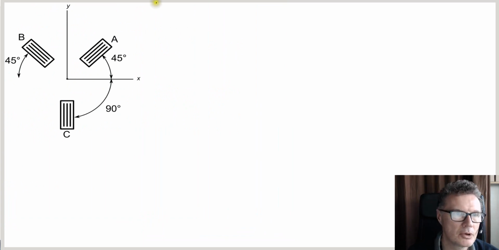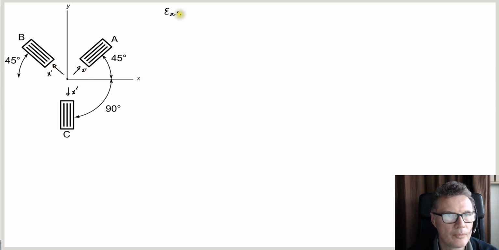The top equation is just saying if I've got my epsilon pointing in an arbitrary direction, this could be going off down here, or down here, or down here, I can then find that made up of the strain going in the X direction, the strain going off in the Y direction, plus the shear strain.